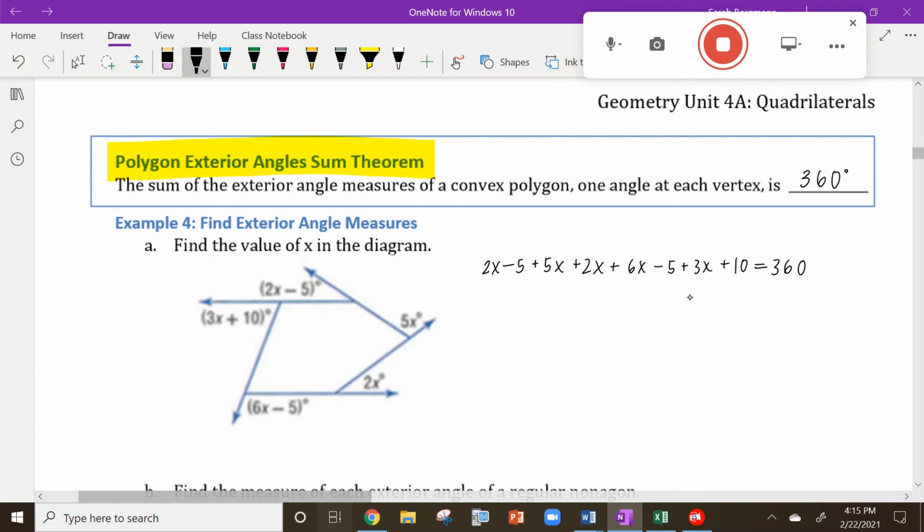Combine all your like terms. 2x plus 5x plus 2x plus 6x plus 3x all together makes 18x. Negative 5 and positive 10 makes 5. Divide both sides by 18 and you'll get x equals 20.